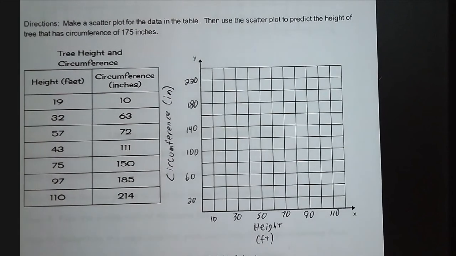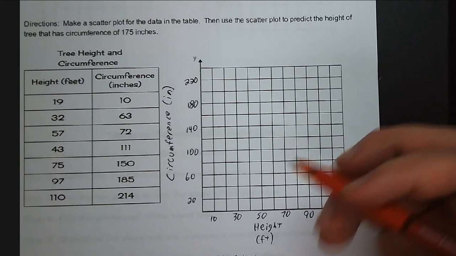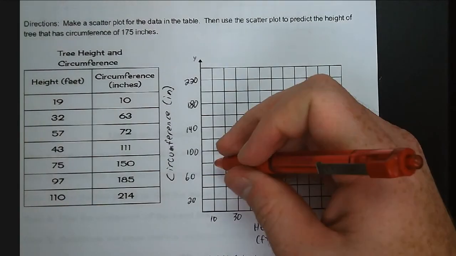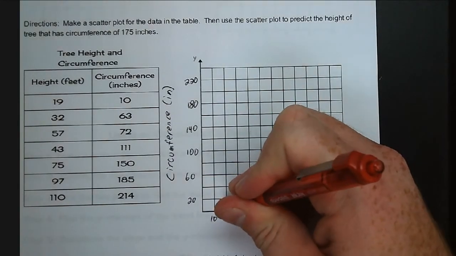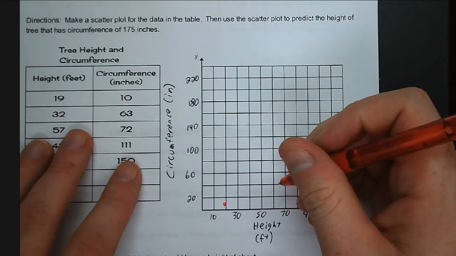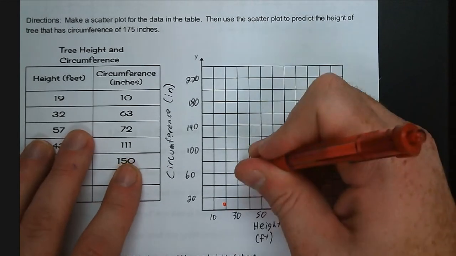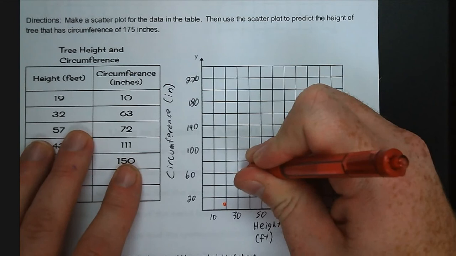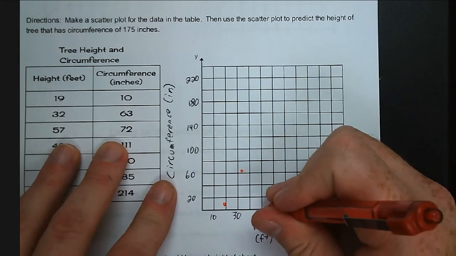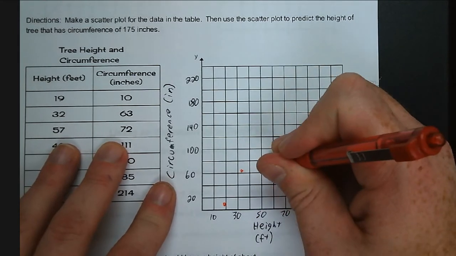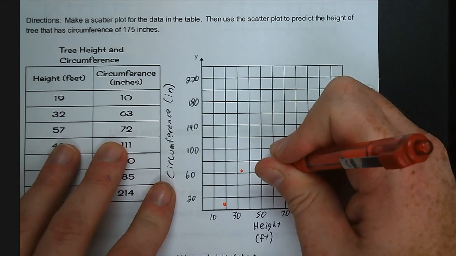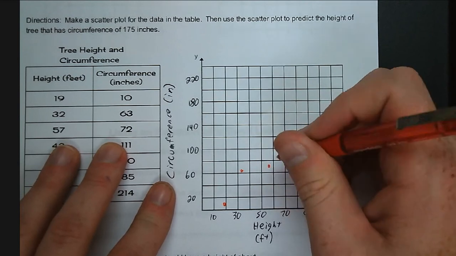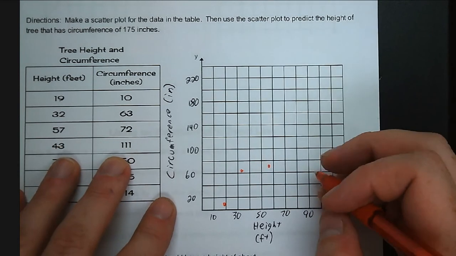Okay, so I didn't put any of our data in yet. I figured we'd do this all at once. So we have a tree that is 19 feet high, and it has a circumference of 10, so it could be right there. 32 and 63, so something like that. 57 and 72. It'll be somewhere around there. 43 and 111.